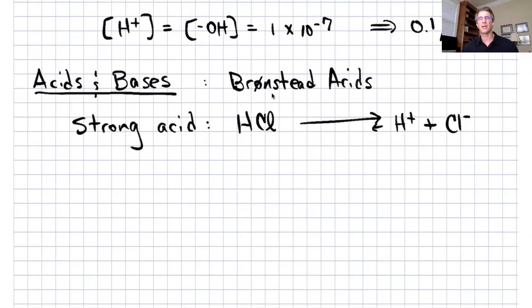So strong acids in aqueous solution, their dissociation is so complete that you can think about the concentration of protons as being equivalent to the concentration of the acid that was placed in solution.